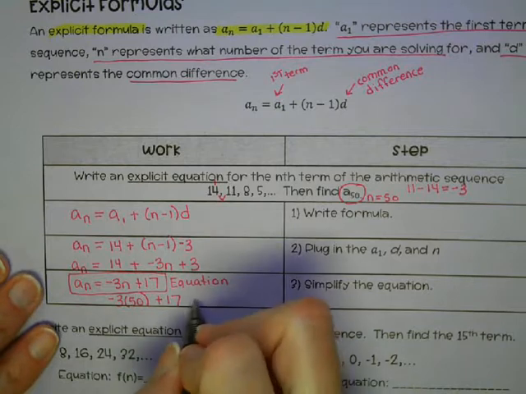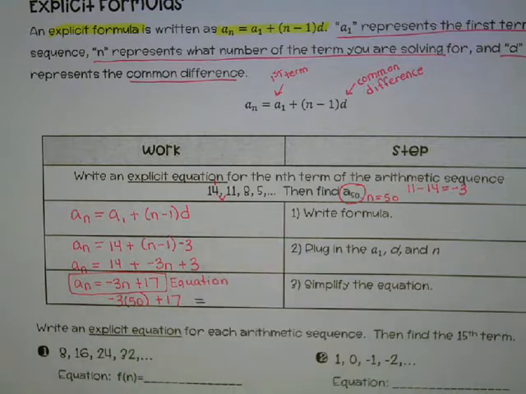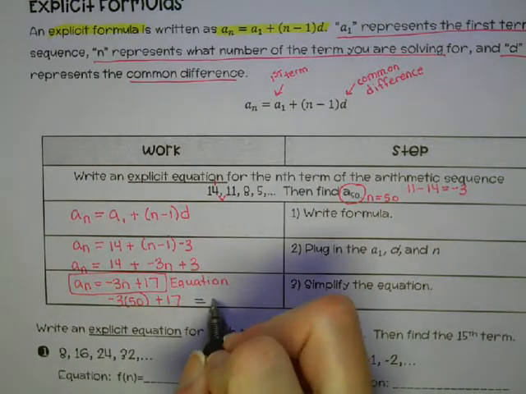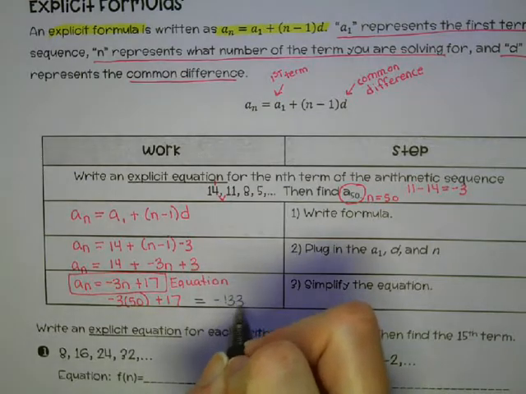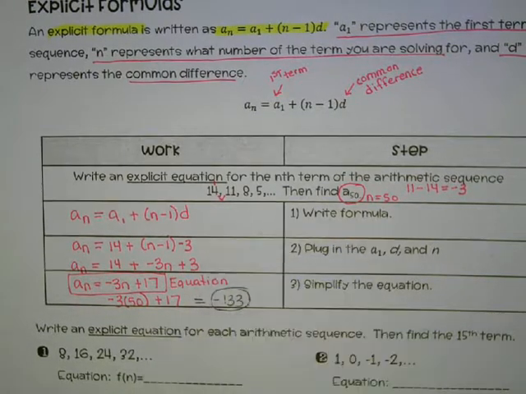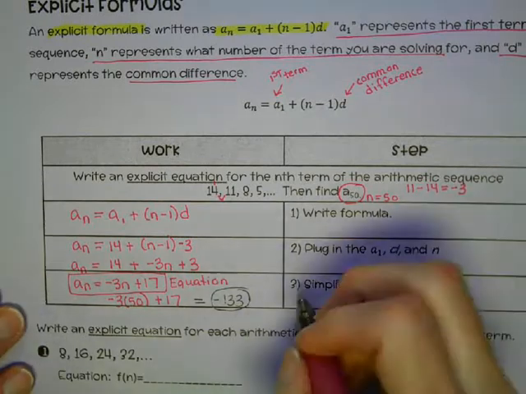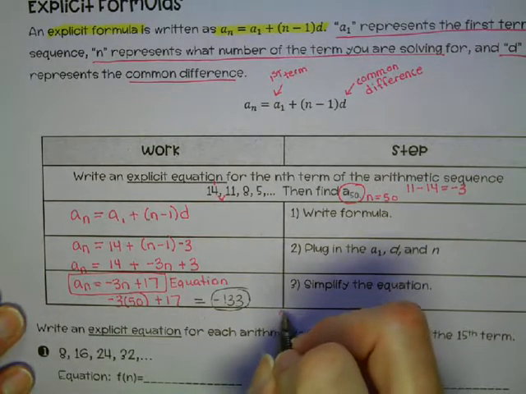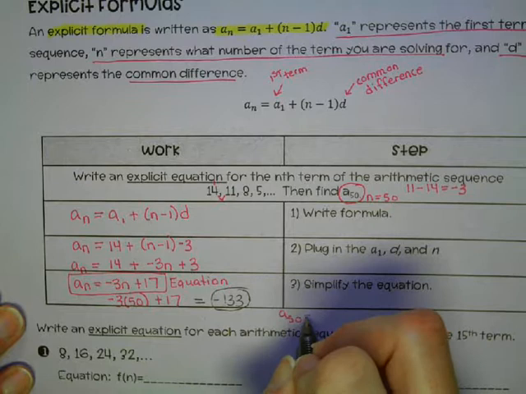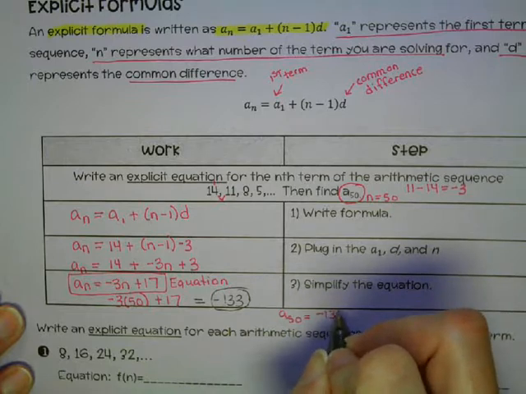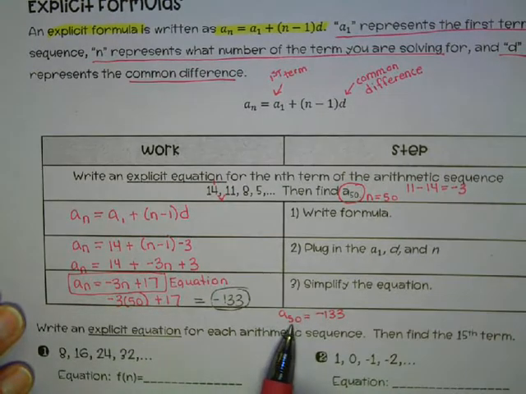So that's negative 150 plus 17 equals negative 133. So that's considered the 50th term. If you want to write that, it would look like a with a little 50 equals negative 133. So that's saying the 50th term in the sequence would be negative 133.